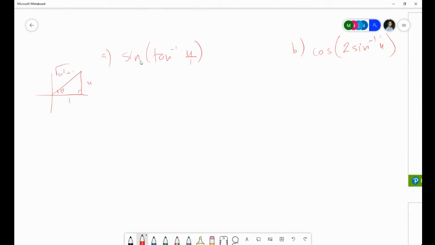And this is theta. So this whole thing here, we can call that theta. So sine of theta is equal to opposite over hypotenuse. And that would be your value. You're going to have to know this in calculus 1 very well when we do trig substitution.